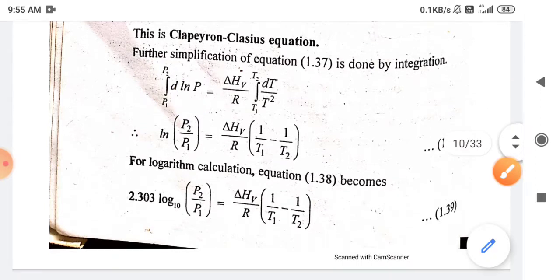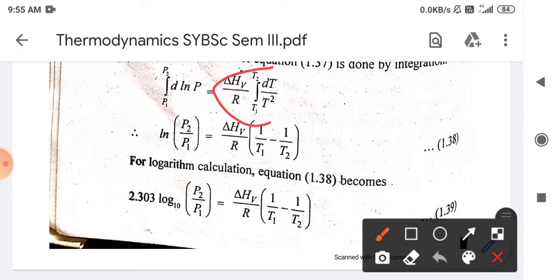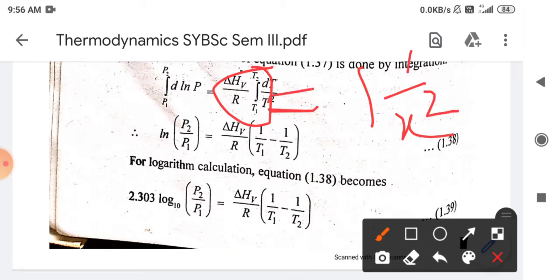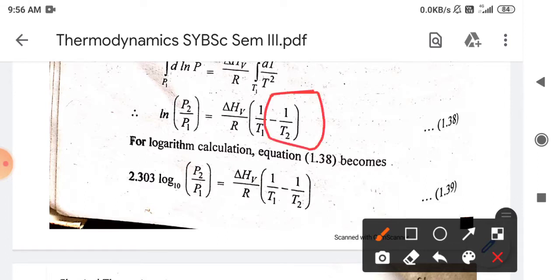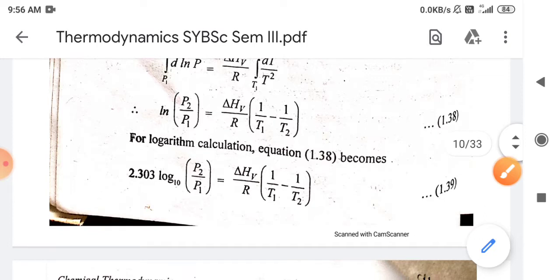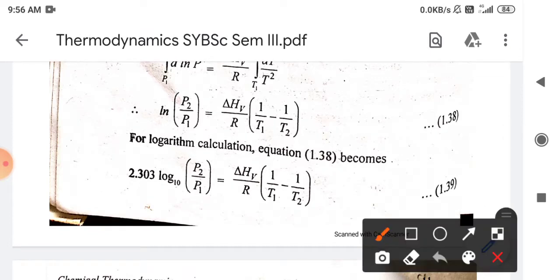And for the right hand side we will use the integration of 1 upon x squared formula. For T squared it comes out to be minus 1 upon T, so the upper limit is 1 upon T2 and here 1 upon T1. For the logarithmic calculation we multiply by 2.303.